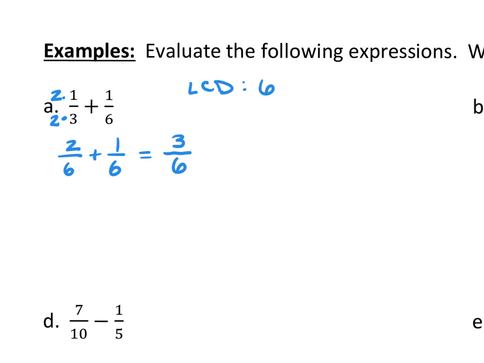If you have 2 sixths plus 1 sixth, that's equal to 3 sixths, or 3 over 6. From here, we want to try to simplify the fraction. Top and bottom are divisible by 3. And so just like when we multiply top and bottom by the same number, same rules apply with division. If we go ahead and divide top and bottom by 3, we get 1/2, and that is our final answer.